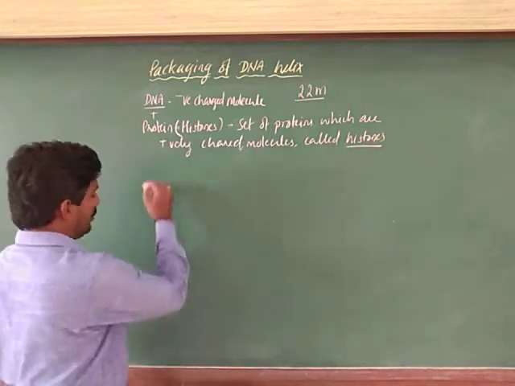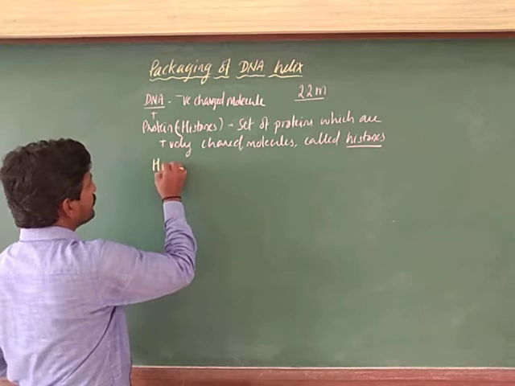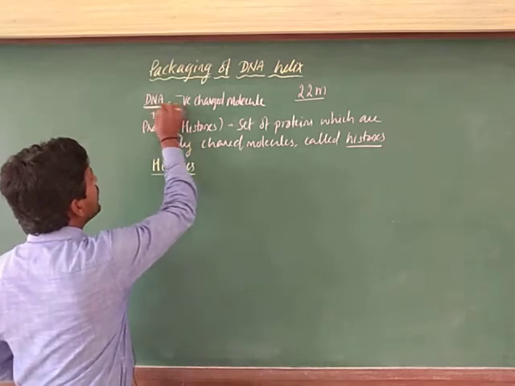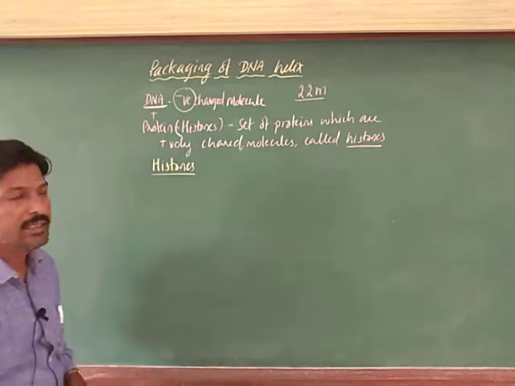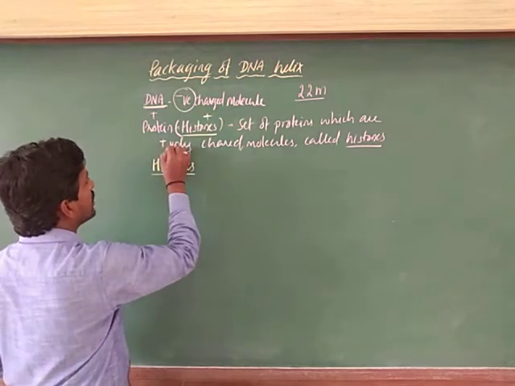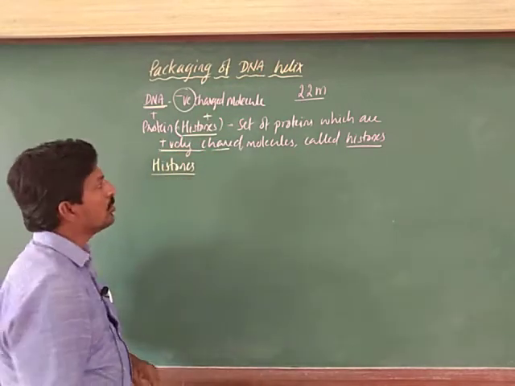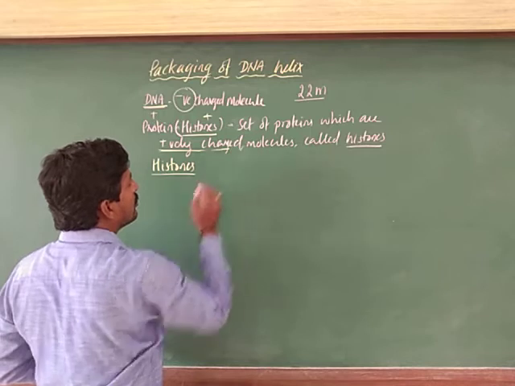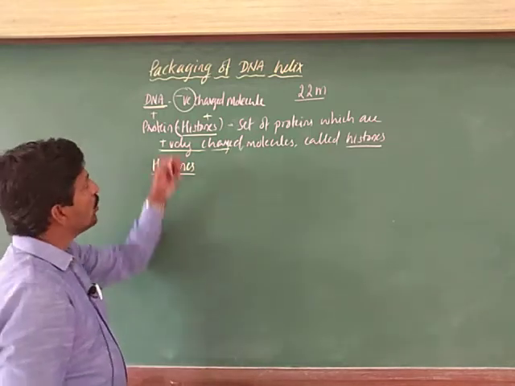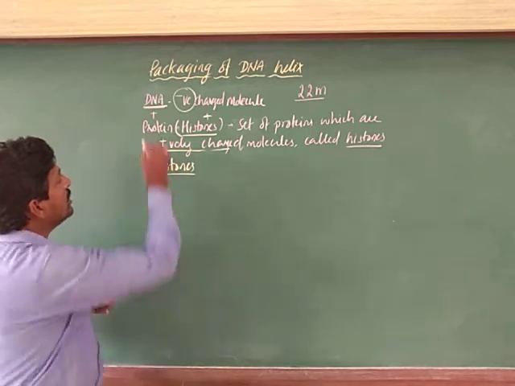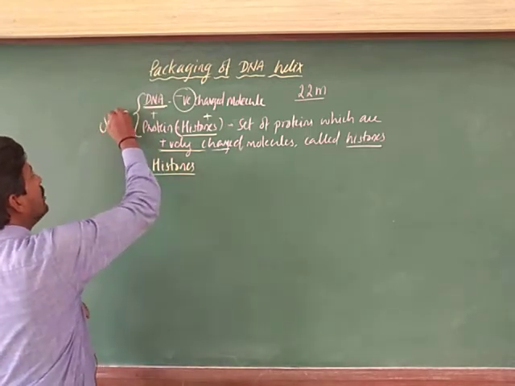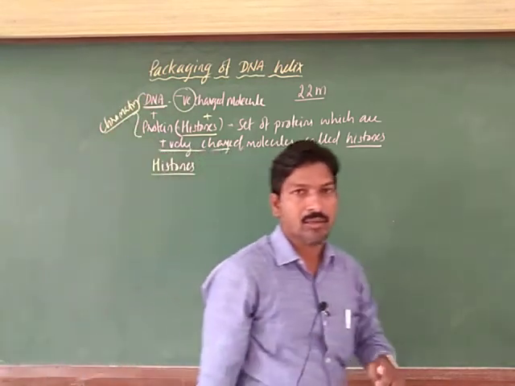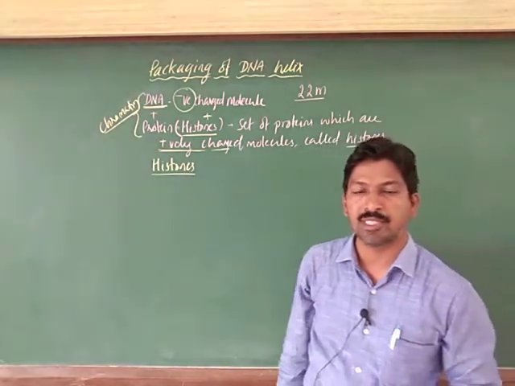The first very important thing here is that the DNA is negatively charged, and histones are positively charged, understood. These two molecules, DNA and proteins, form the structure of chromatin. Chromatin forms the chromosomes during cell division, as you know.